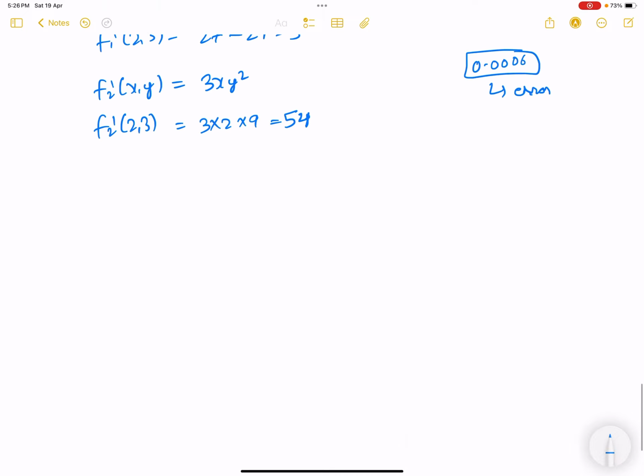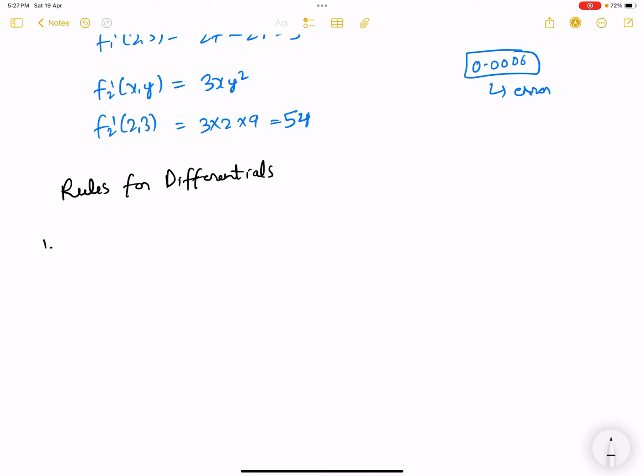Now moving forward, rules for differentials. The rules we applied to 2 variables would be applied for the nth variable as well, for several variables.